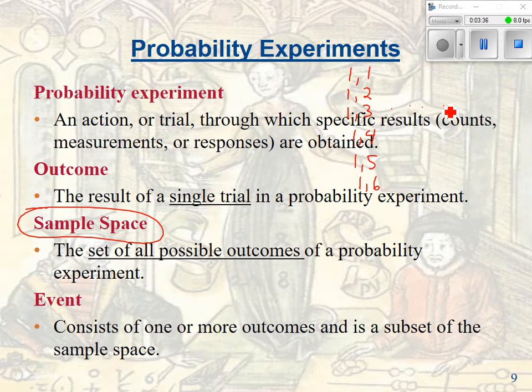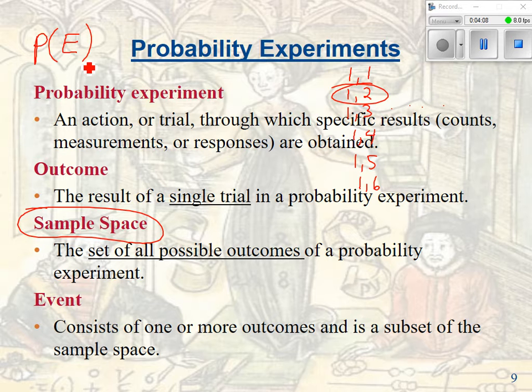A tree diagram that we talked about last time will give you all the possible outcomes. An event consists of one or more outcomes and is a subset of the sample space. So an event could be you wanted to roll a 1 and a 2. So that might be your event, the event that you're looking for. When we do probabilities, probability is always written this way: capital P, parentheses, and then inside the parentheses is whatever event you want to occur.